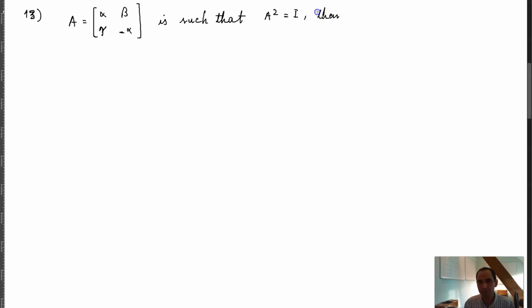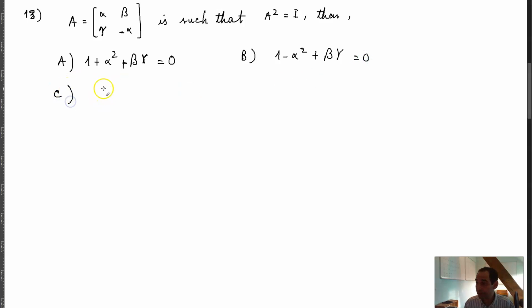Basically you have a couple of choices. Choice A is 1 plus alpha squared, and this is 1 and not I, 1 plus alpha squared plus beta gamma is equal to 0. Choice B is 1 minus alpha squared plus beta gamma is equal to 0.